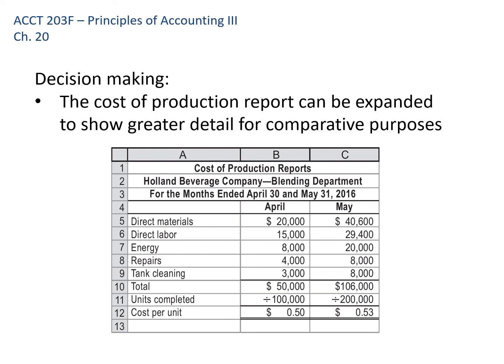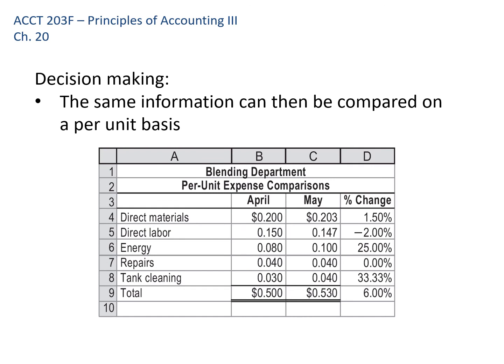If I see a trend that is possibly problematic, I can look at that per unit and see exactly where I have a particular problem. In this case, I've got a big jump in energy cost and a big jump in tank cleaning costs. So I might want to ask the production manager for that department, what happened in that regard? And is it something we need to be worried about in the future, or was it a one-time thing?